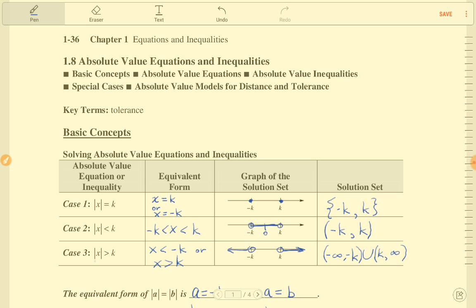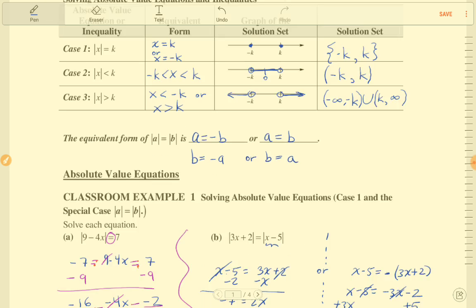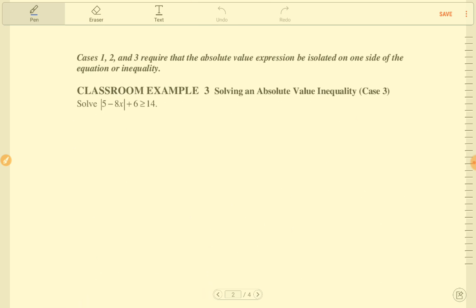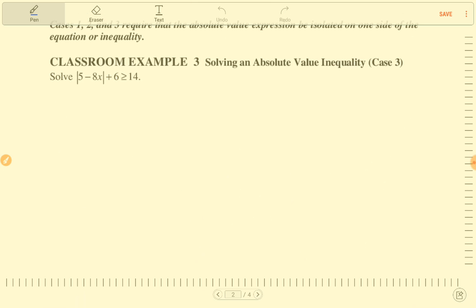And then the case where you could have a distance from 0 that is greater than a certain value. So starting at k and moving up would be a greater distance away from 0, a greater distance than k. Or starting at negative k and moving down would be a greater distance than k. So example number 3, we get to work that out here.